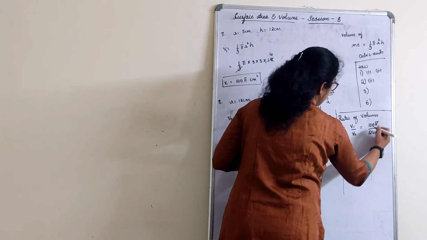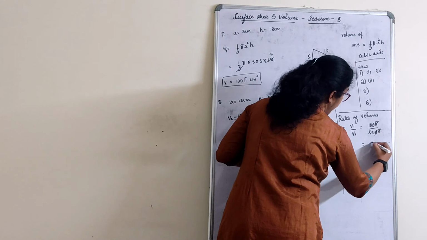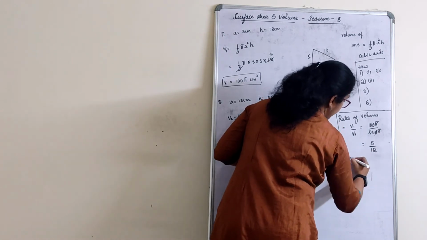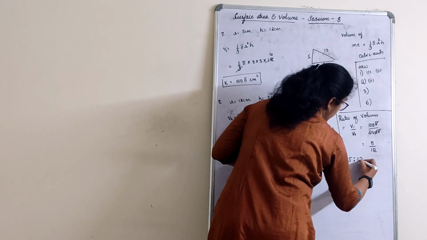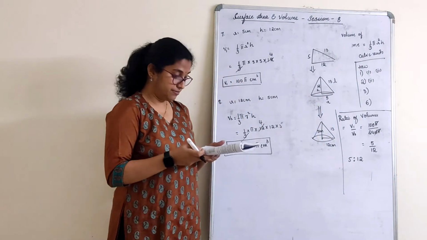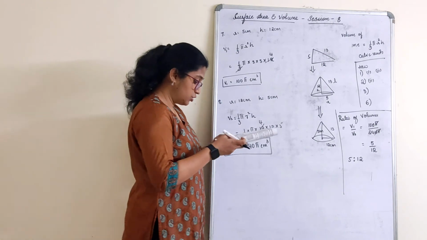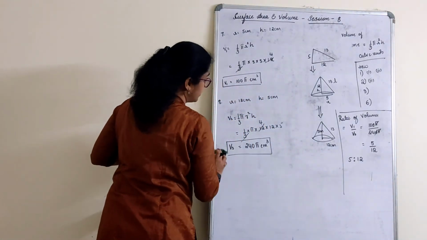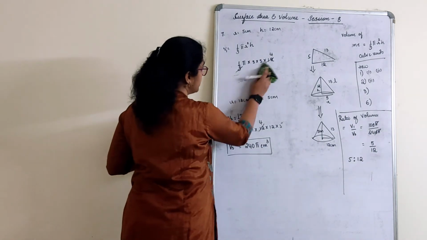Pi and pi, 0 and 0 cancel. So 2 5s are 10, 2 12s are 24. So they are in the ratio 5:12. Right? The next one. That's why I told you keep this in mind, both the answers.